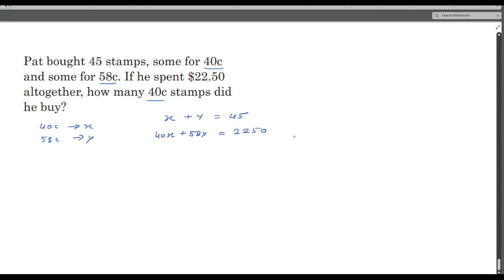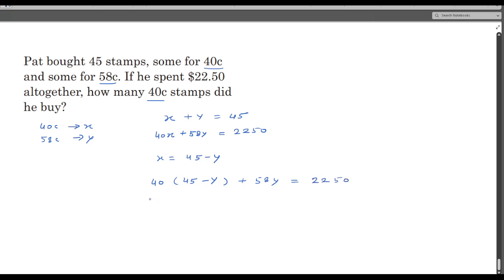Okay, again I will use the substitution method. X is equal to 45 minus Y. So then 40 times (45 minus Y) plus 58 times Y, the result will be 2250.